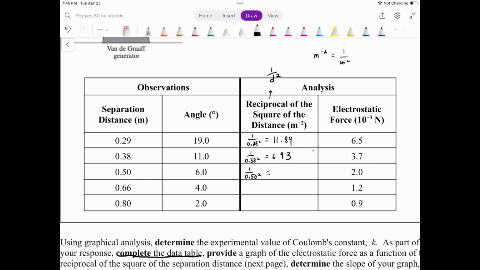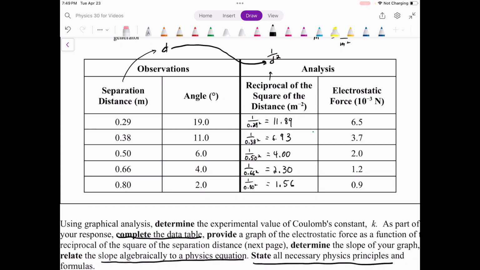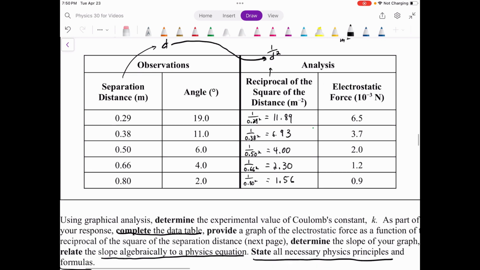Next up, 1 over 0.5 squared, which is actually just 4. Okay, I'll do the last two here, but it's the same thing, just taking the distance and doing 1 over it squared so that that can become our new x variable, because this is linearly related to the force, right? Giving us a straight line when we graph it.